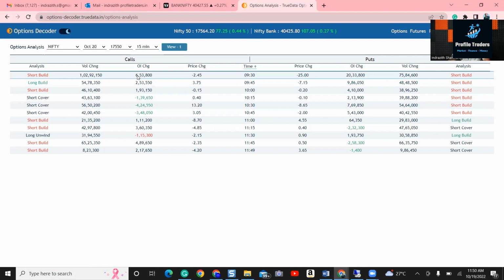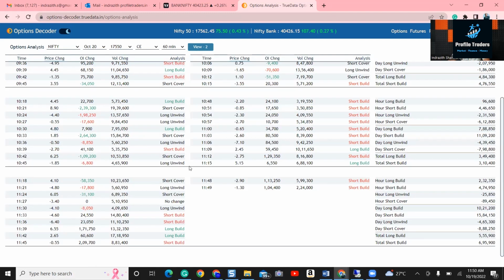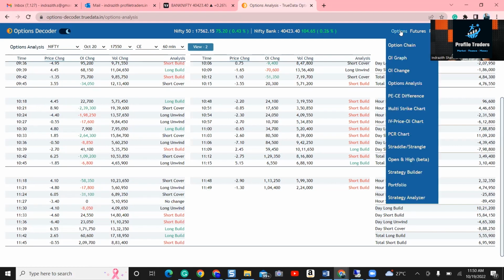From here, you can see that OI started decreasing on the call side. Here on the put side, OI started decreasing once again. So this is another information. It gives overall information about what's happening in the overall market.